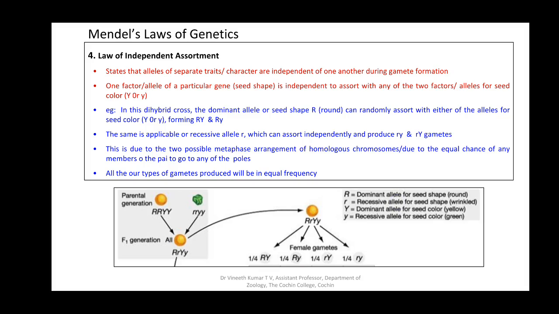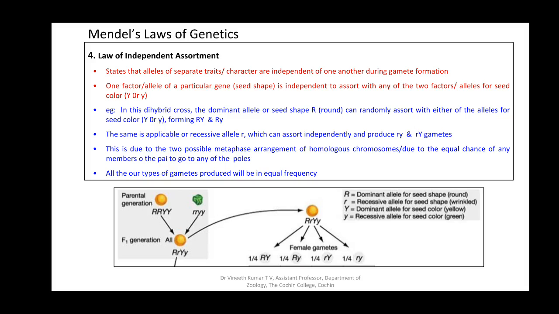To make the points clear, the law of independent assortment states that the alleles of separate traits, where separate means that one is seed color and the other is seed shape, are independent of one another during gamete formation.